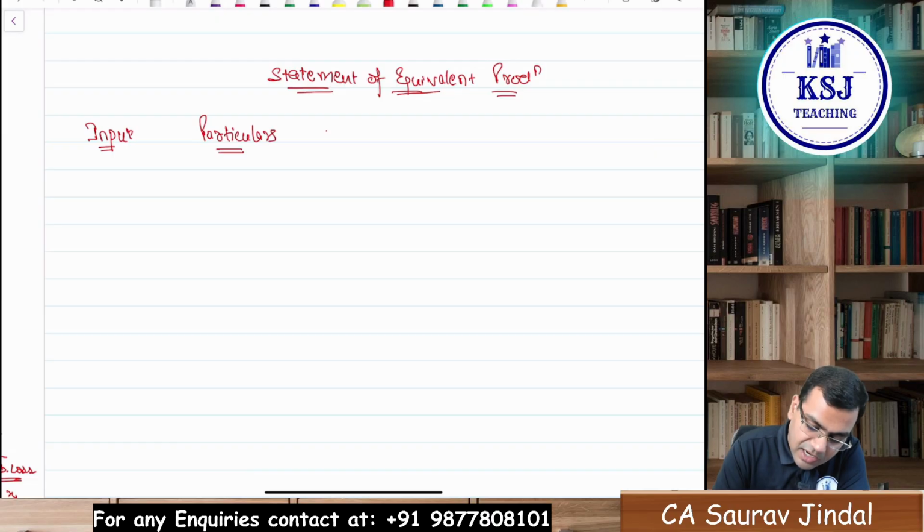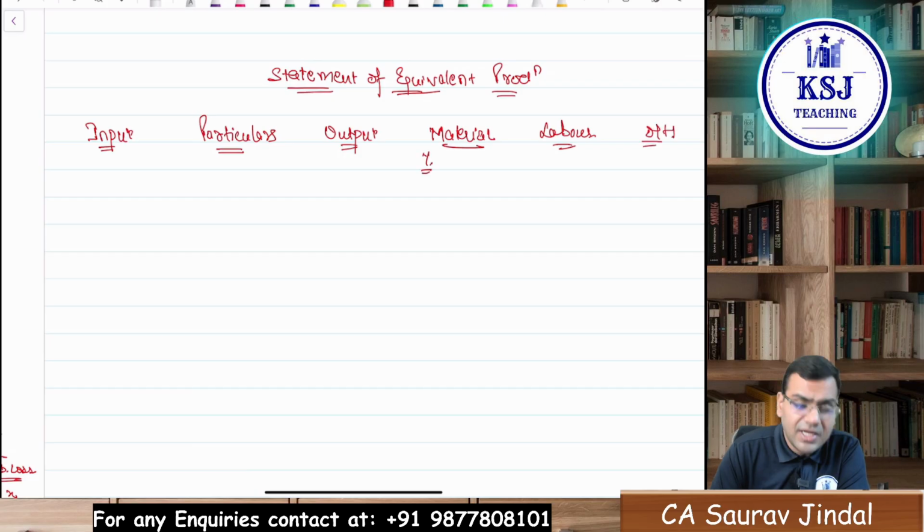Then we have output. After that, material cost. Then we have labor cost. And then we have overheads, right? Here we write percentage, that is degree of completion, and equivalent quantity. Again, in the labor, percentage and quantity. Then in the overheads also percentage and quantity.